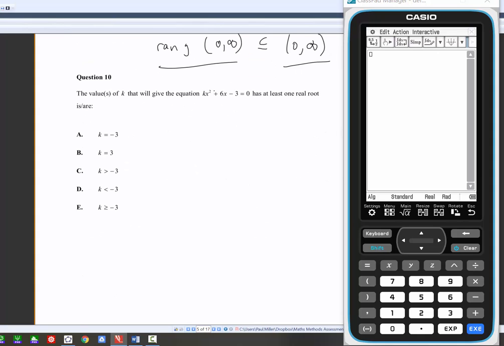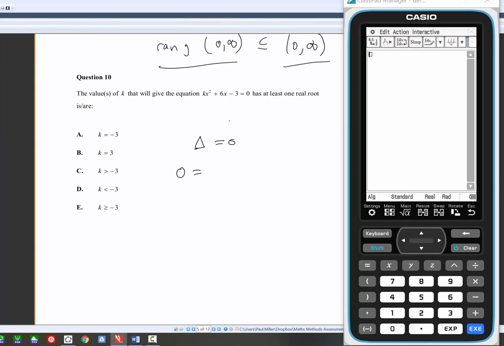Okay, the values of k that will give the equation at least one real root. The wording doesn't really make sense, but the question does, and most of you, I think, know where this is going. So we want at least one real root. Okay, so one real root will happen when we've got a discriminant equals 0.